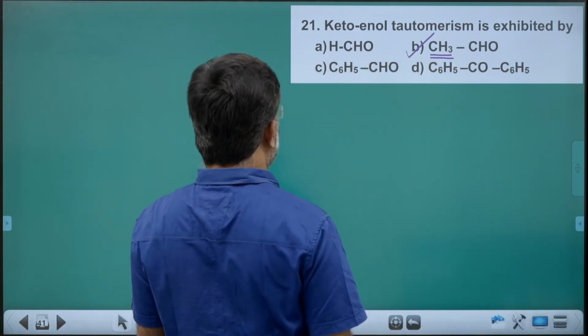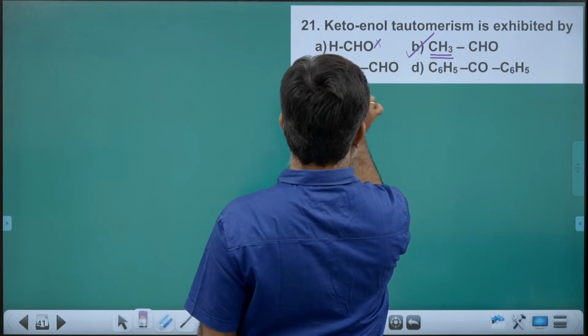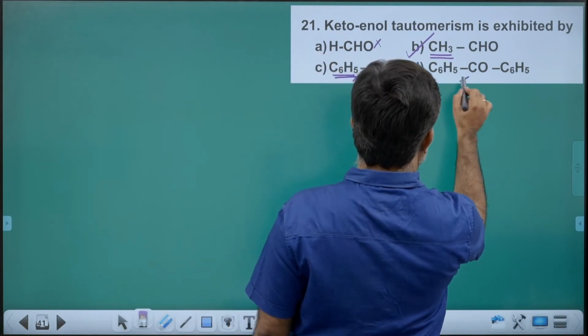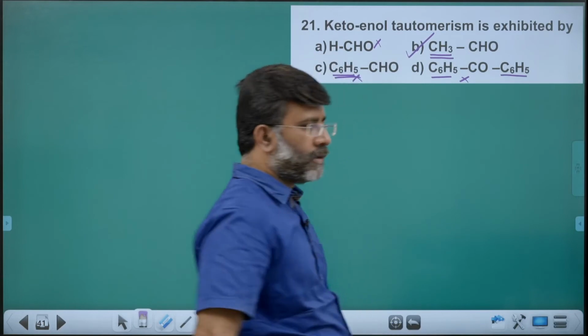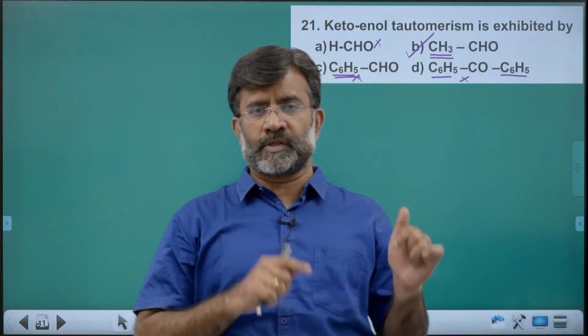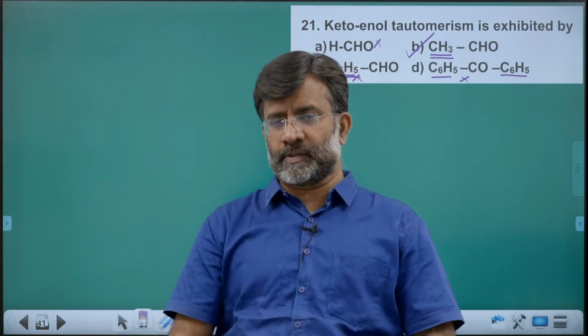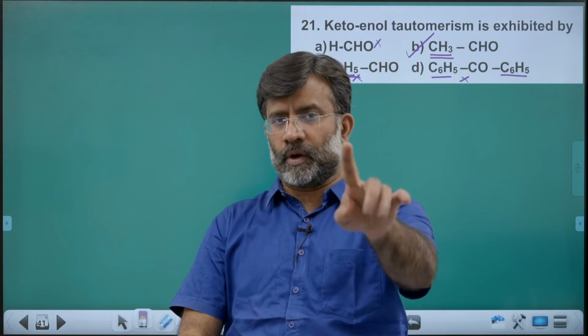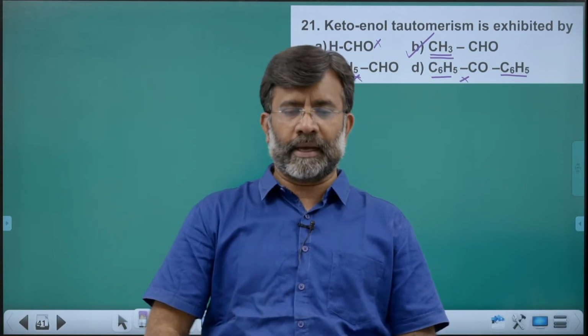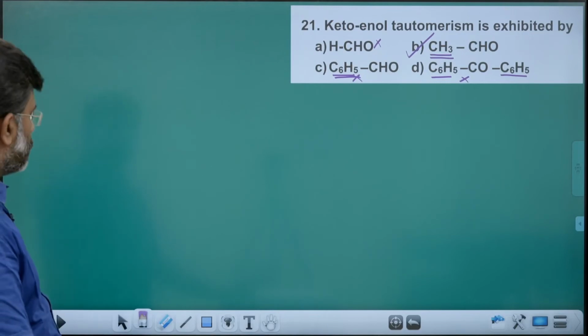This is not, as it is a benzene ring. So in option A, no alpha carbon. Option C and D, there is alpha carbon but no alpha hydrogen. Alpha hydrogen is present only in option B, and that gives tautomerism, that is keto-enol isomerism.